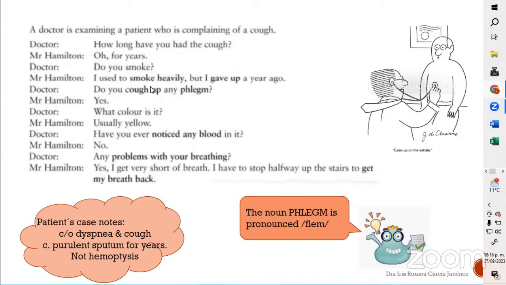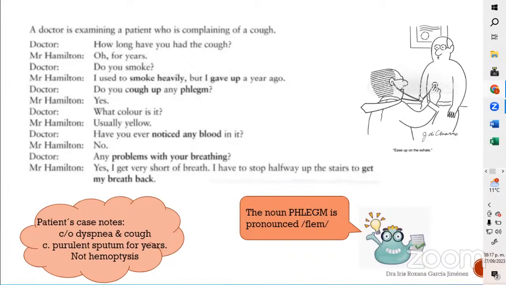To cough up. Do you cough up any phlegm? I mean, do you leave some phlegm? Do you have phlegms? Yes, the patient is with a loose during the cough, okay? It's yellow, okay. Have you ever noticed any blood? Of course, easy. Any problems with your breathing? When they ask about it, we are looking for how this pattern is working.